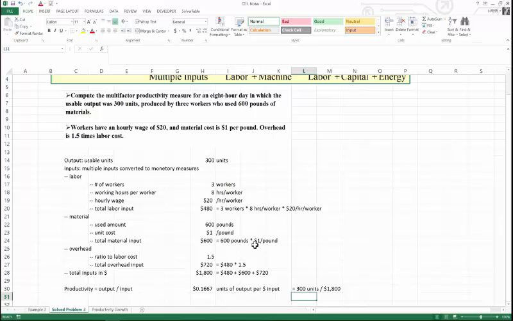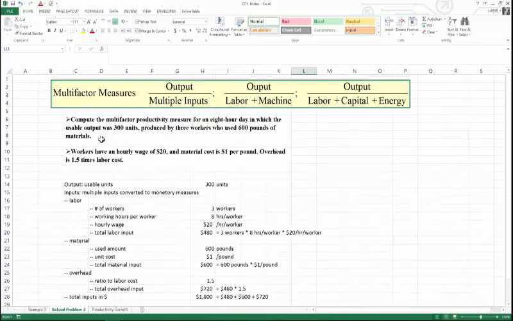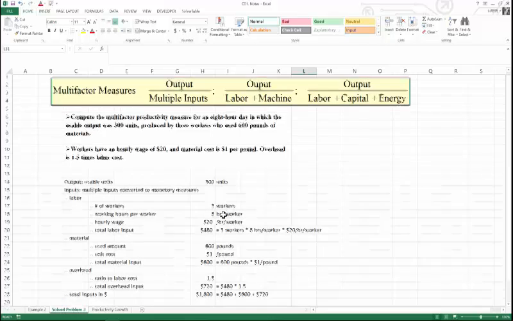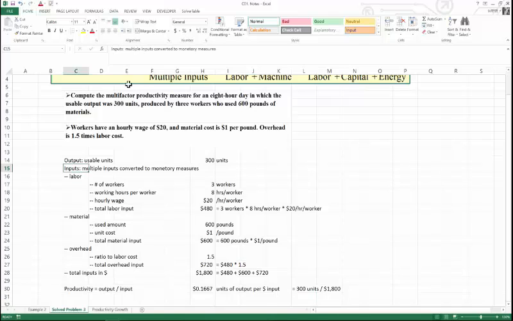So this is the example of how to calculate productivity as the multi-factor measure. The most important thing is that you need to convert all those different inputs into monetary measures.